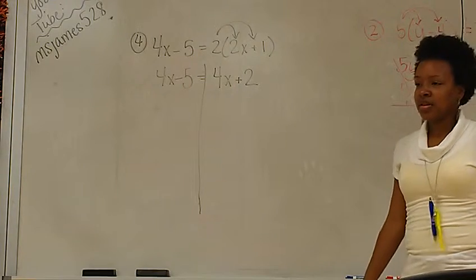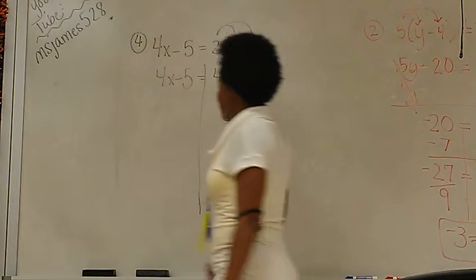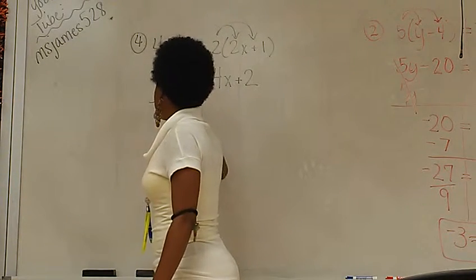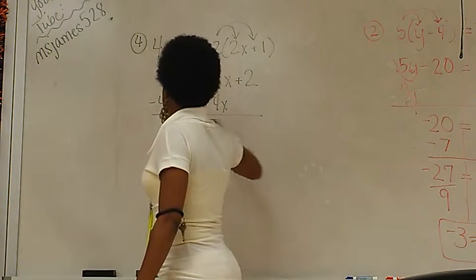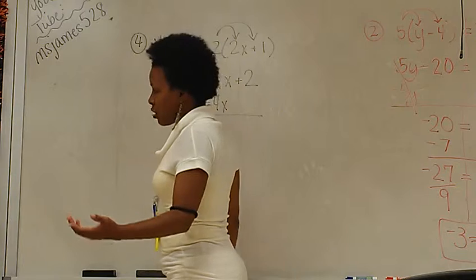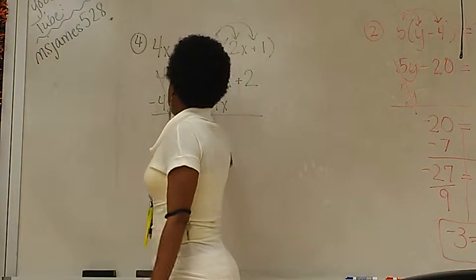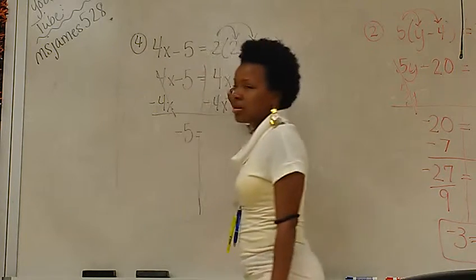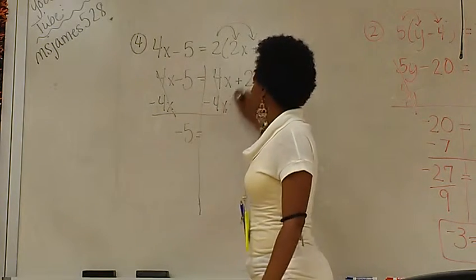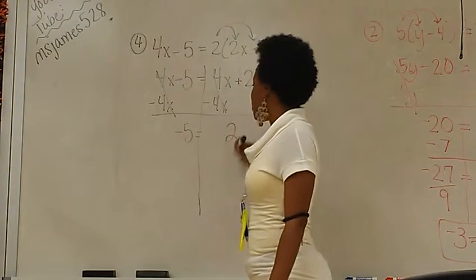You use the 4x, minus 4x. You always want to get your variables done first. It's not wrong to do it the other way, but this is easier. Bring down the minus 5. What happens over here? It cancels out again. Bring down the plus 2.